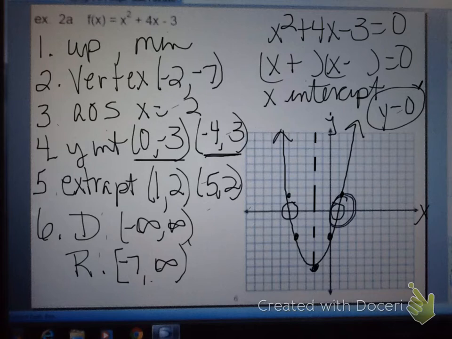Hit enter 3 times until it says intersection. And it says x is equal to 0.6457513110. So that is the ordered pair. 0.6, we're going to estimate, just say 0.60.